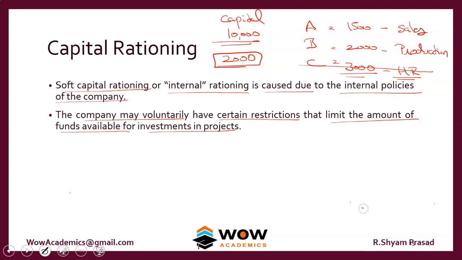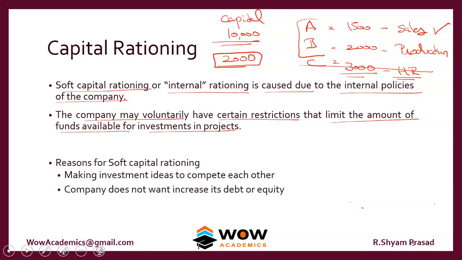Out of A and B, whichever is viable enough will be selected. So they can go with the sales manager's investment proposal. That's how internal capital rationing works. The reasons for soft capital rationing are, first, making investment ideas compete with each other.